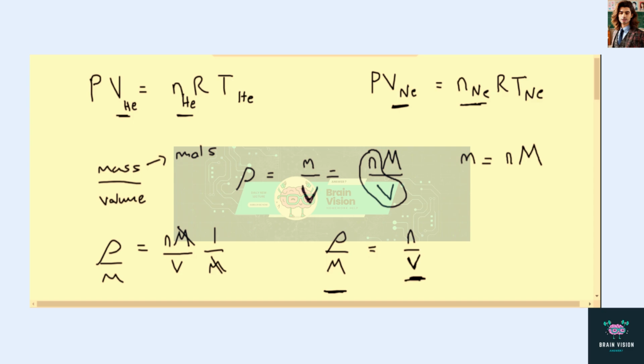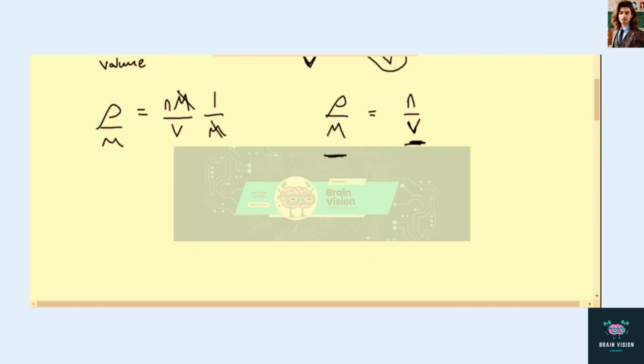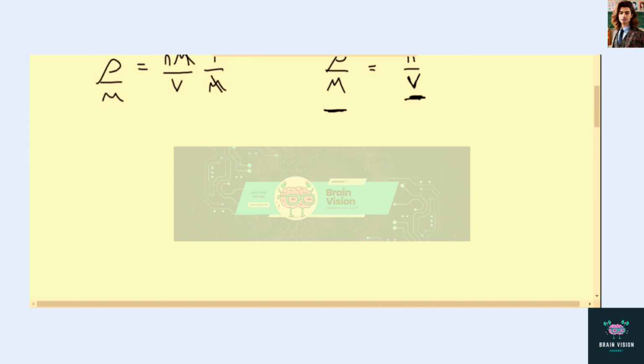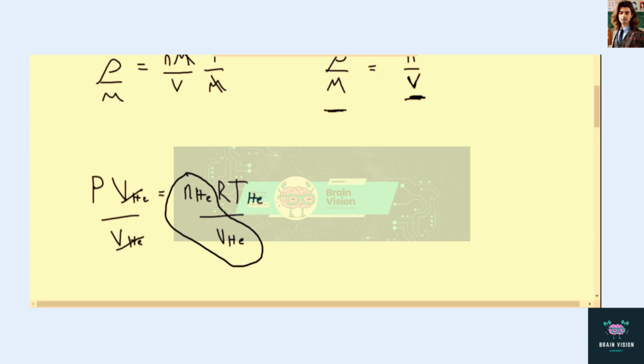So let's take our equation for helium up here and do exactly what I just mentioned. So PV for helium equals n for helium times R times T for helium. And I want to make an n over V. So I will divide both sides by V. And then I can substitute this out with rho over the molar mass of helium.